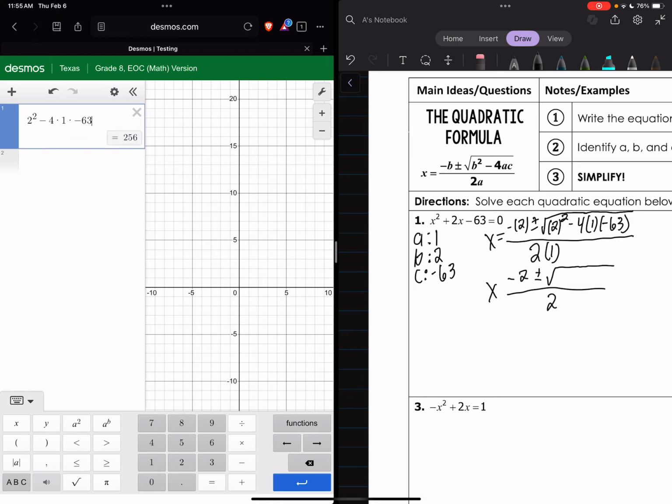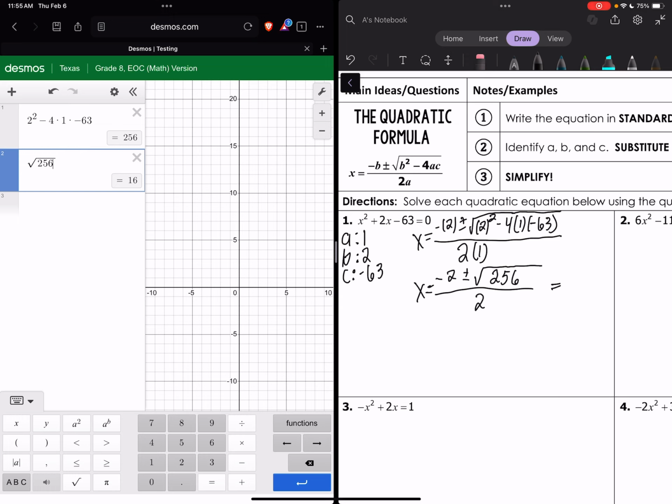And it gives me 256. All right, I do want to see now if I can use the square root of 256. Well, there we go.